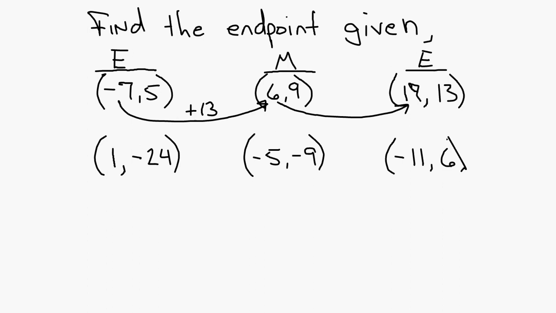Thank you. Does that make sense now? So we added 13 more, and we got to the 19. Same on the y's. 5 to 9 is plus 4. Take the 9 plus 4 is 13.